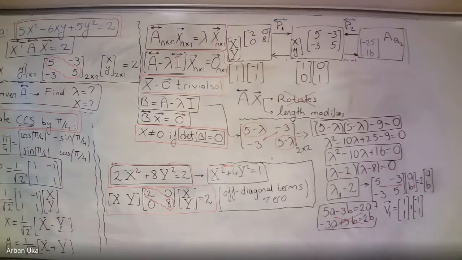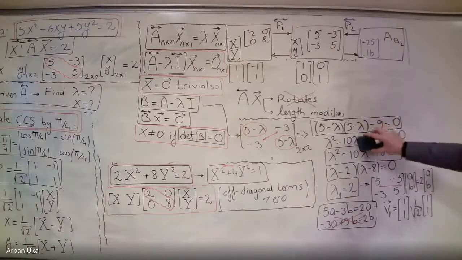Now it is often essential to write this with magnitude 1, so we divide by the square root of 2: 1 over square root of 2 times 1, 1. Representing these vectors with length 1 is very important.